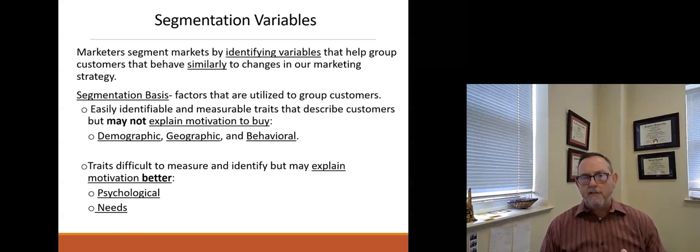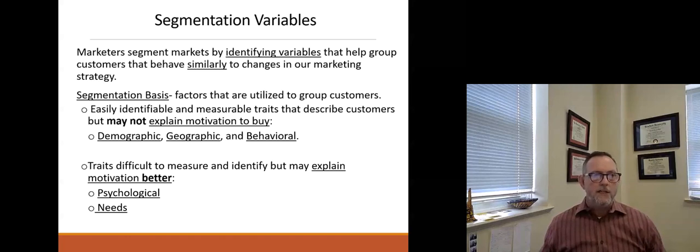Demographic, geographic, and behavioral traits are fantastic for classification purposes, but they don't always help us understand the motives behind why somebody wants what they want, why they want the product. And so psychological traits, which we'll talk about in a little bit, are far better indicators or explainers of behavior, as opposed to the behavior itself, and also a needs-based perspective as well.